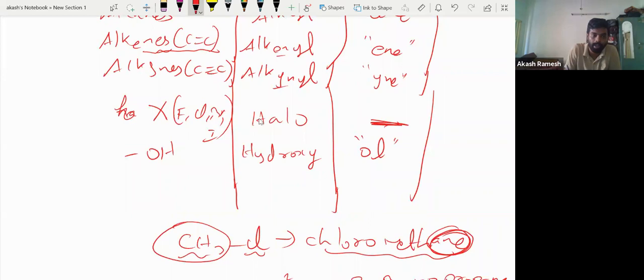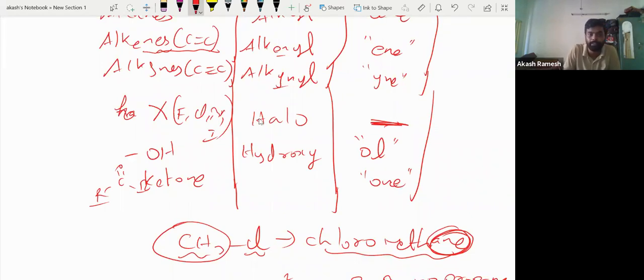Okay, next. If I go to a ketone, we know, C double bond O, R and R. R is an alkyl group, carbon atom basically. So if ketone is the maximum prioritized functional group, then you will end up with "one", O-N-E.